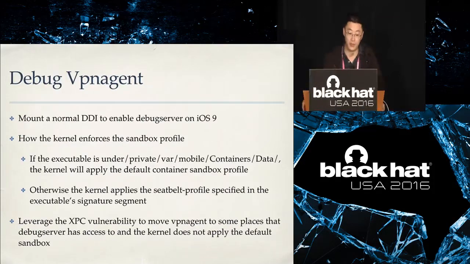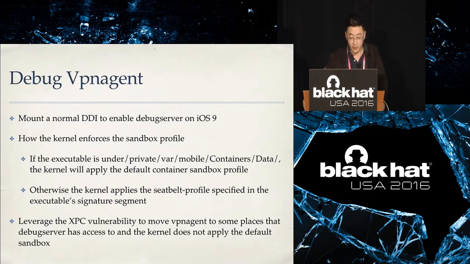So now we try to debug VPN agent. The trick we use is just as we did last time. We mount a normal DDI, so we enable the debug server. And now we use the XPC vulnerability I just introduced. We move the VPN agent into some place where the debug server has access to, but the kernel doesn't apply the default sandbox.